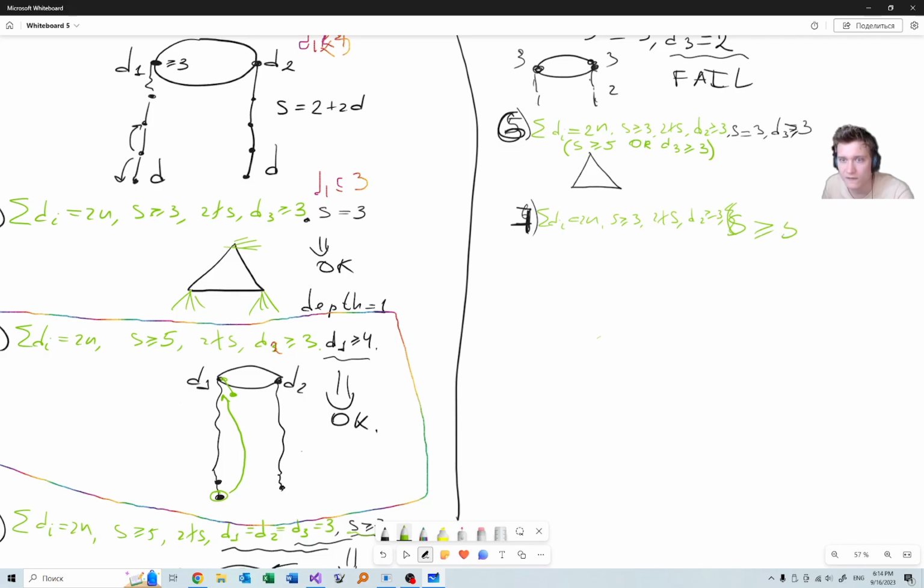S is at least 5. And since, so we can just put it here, I think. Okay, now, since S is at least 5, we can check that D1 is at least 4. Okay?